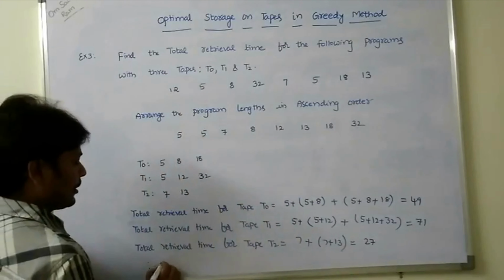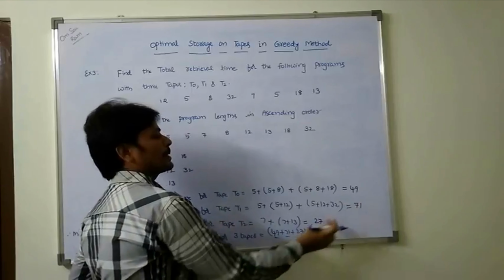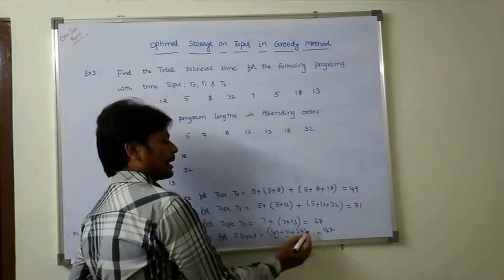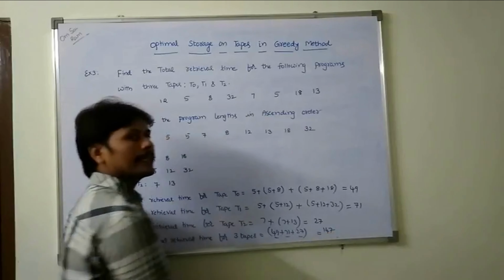So therefore the total retrieval time for 3 tapes is equal to total retrieval time for first tape 49 plus total retrieval time for second tape 71 plus total retrieval time for third tape 27. So total is equal to 147.